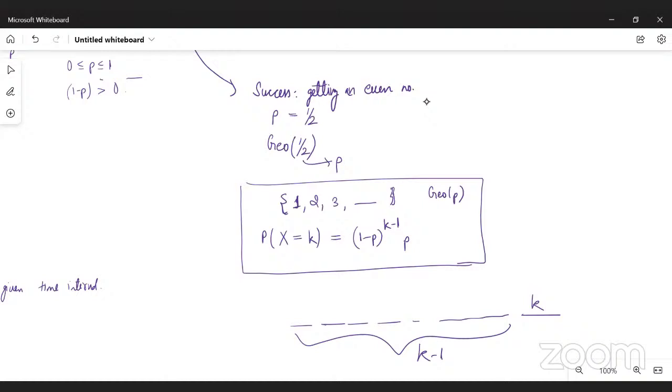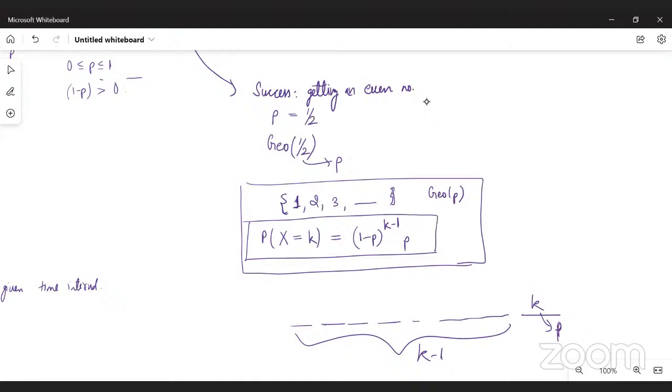And what is the probability of failure? It is 1 minus p. So 1 minus p into 1 minus p, multiplied k minus 1 times. So (1 minus p) to the power k minus 1, and on the kth trial, you have a success, so into the probability of success, right? So is this formula clear? Like how did it come?